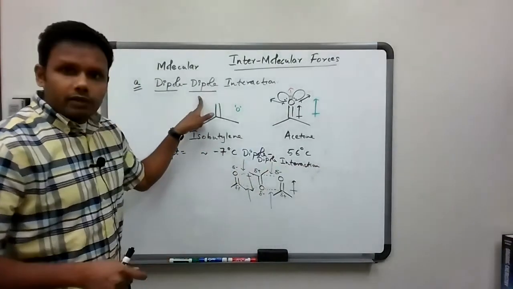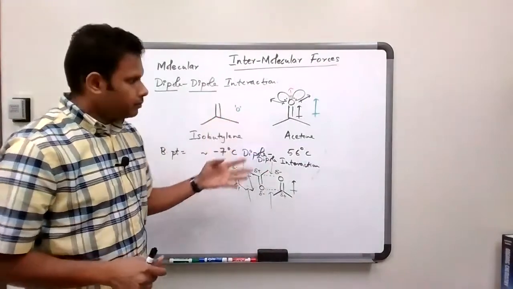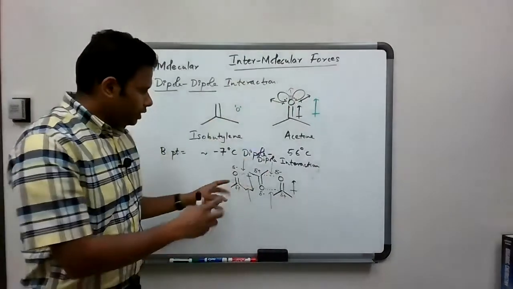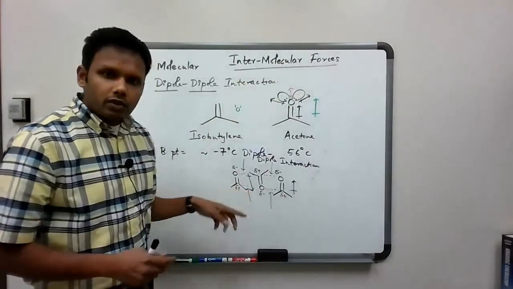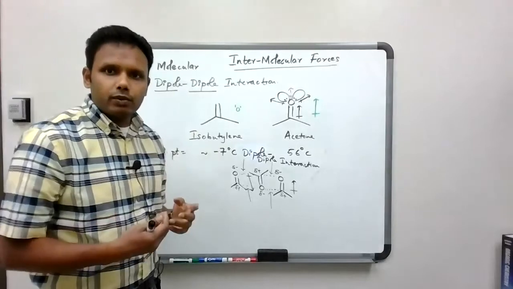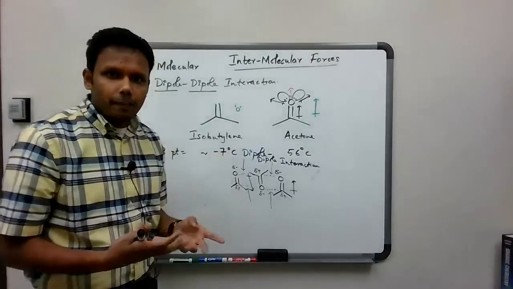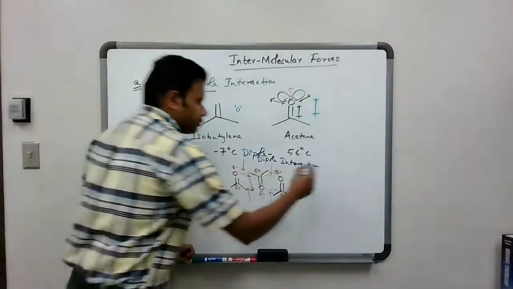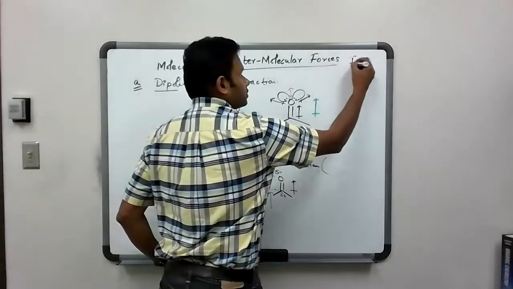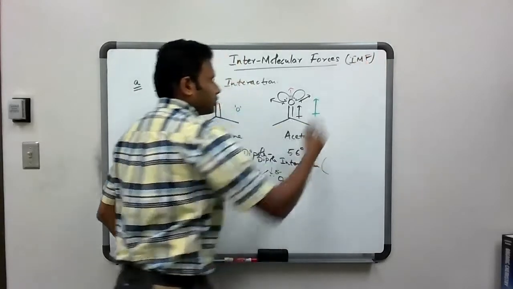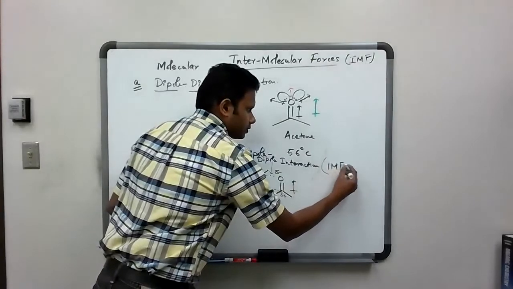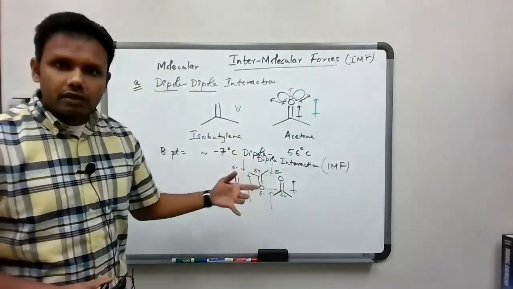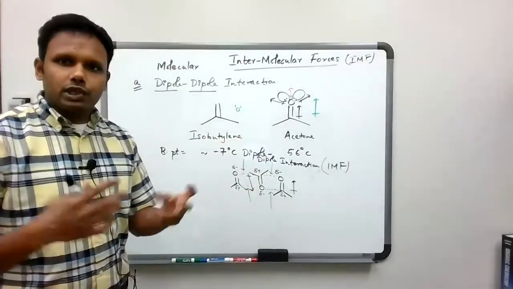So we can define a dipole-dipole interaction as the intermolecular force between two molecules which have permanent dipoles in them. So I think that's the criteria here. The molecules must have a dipole in them. This dipole-dipole interaction, we're going to call it IMF just for quick reference. So this is the intermolecular force, and this is going to be there between any molecules which have dipoles in them.